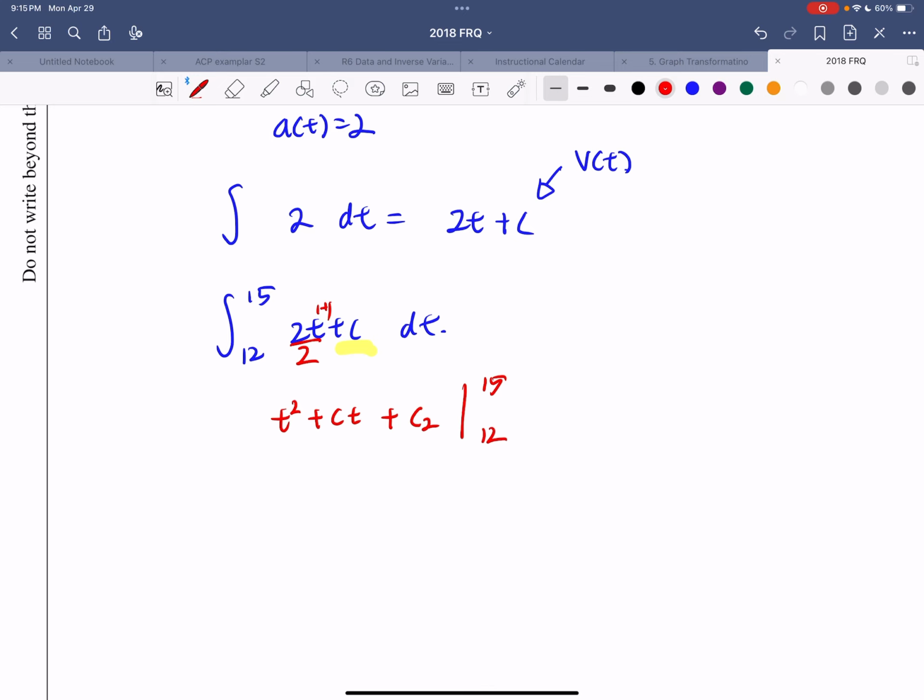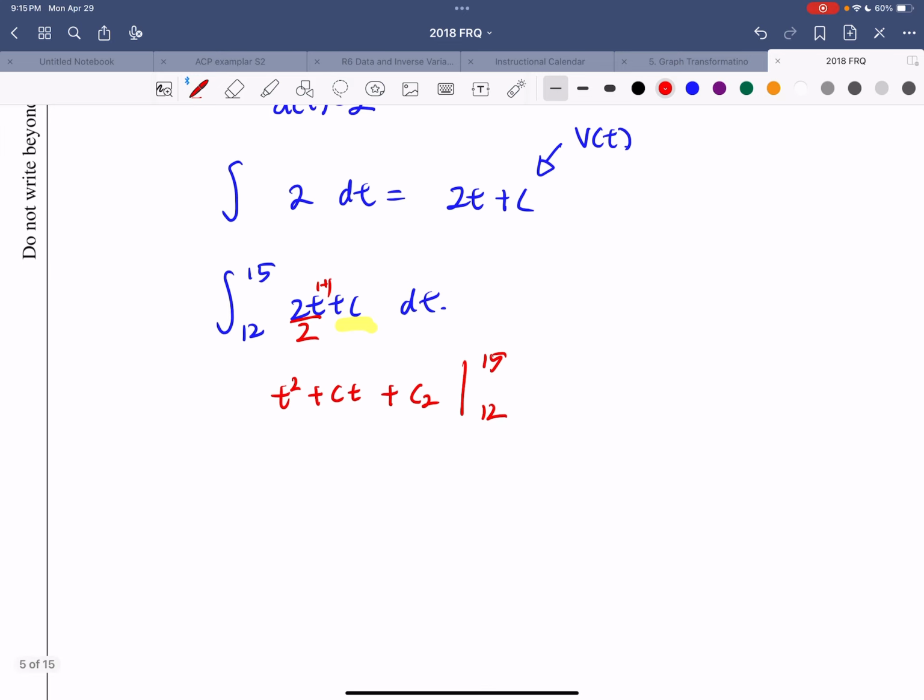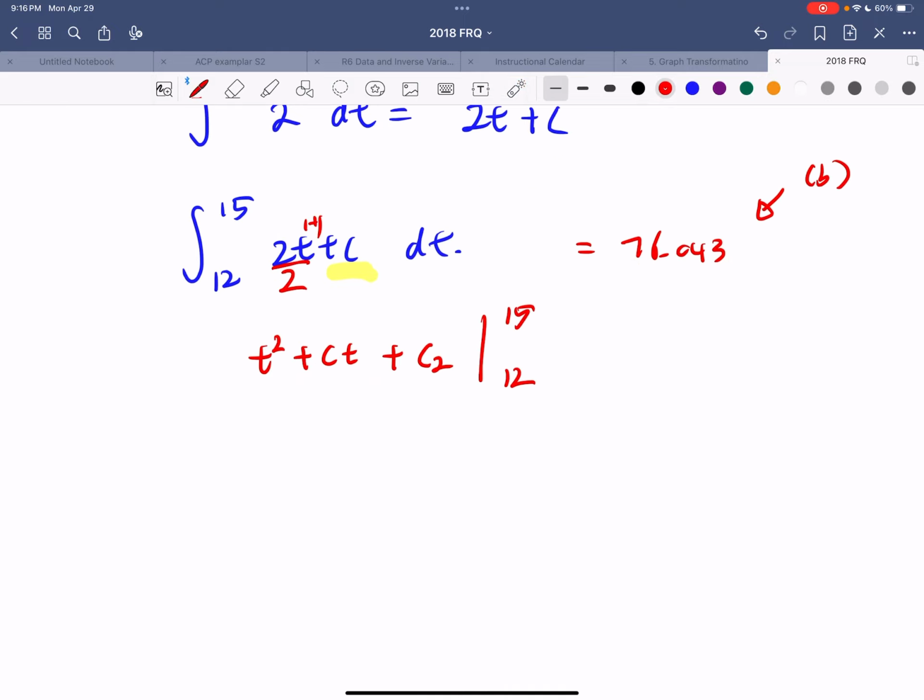By the way, this should be equal to 76.043, which I got from part B. That's the distance the snail moved, and at a certain time the ant arrived there.